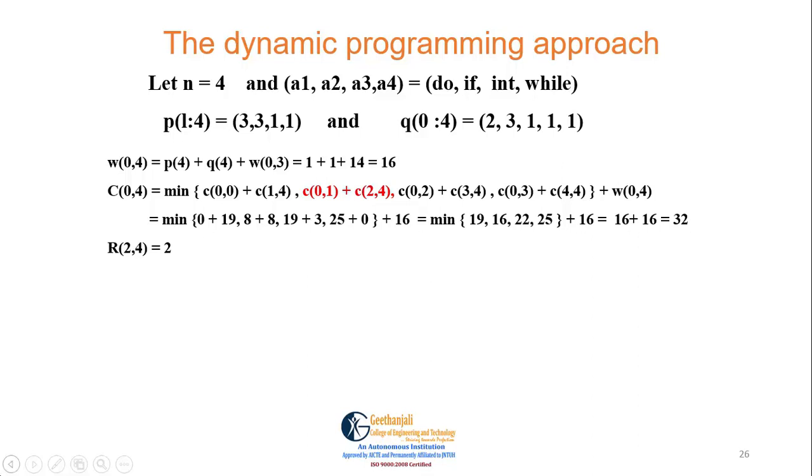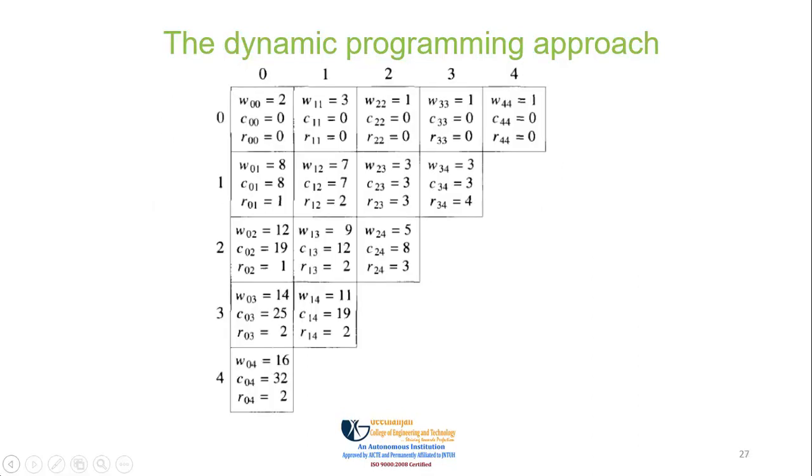So this is the complete table. Initially you computed W of 0, 0 and W of 1, 1, W of 2, 2, W of 3, 3, W of 4, 4. Similarly C of 0, 0, the cost of the empty trees, are all zeros here. Then you constructed trees which contain exactly a single node. What are the single nodes?